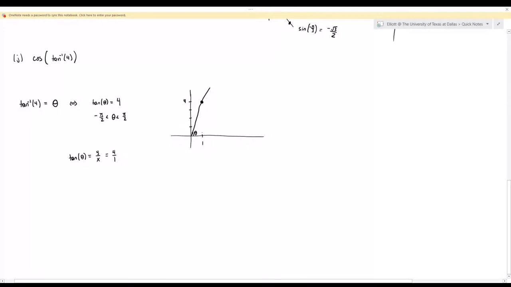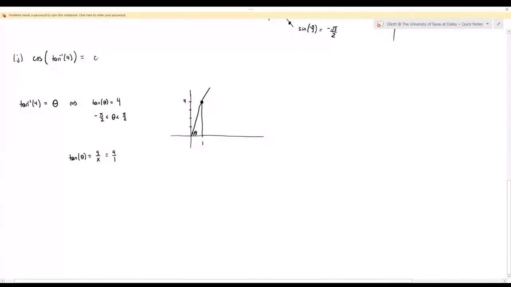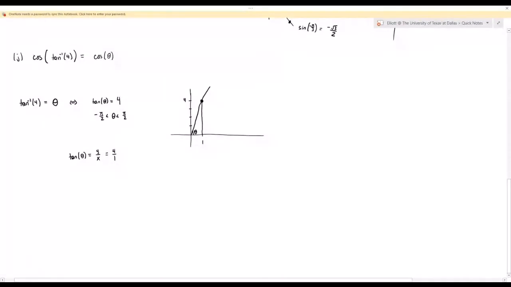Now with this angle theta, we're trying to figure out what the cosine of this angle is. So tangent inverse of 4 gives us some angle theta, we have a picture of what theta looks like, and from this picture we want to figure out what cosine of theta is going to be.